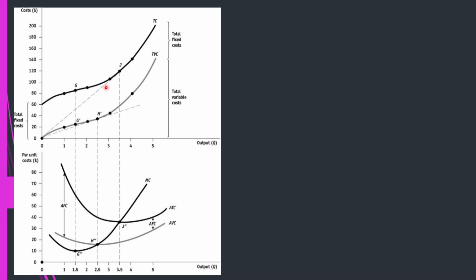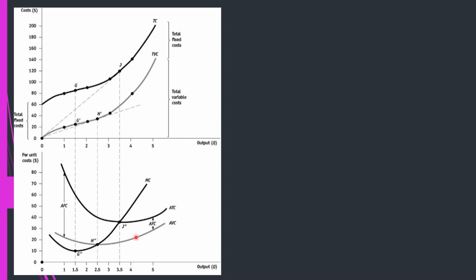Then the TC curve has the same shape as the TVC curve and is above it by $60. The bottom panel shows U-shaped AVC, ATC and MC curves, where AFC is equal to ATC minus AVC, that is total cost minus variable cost, and declines continuously as the output rises.